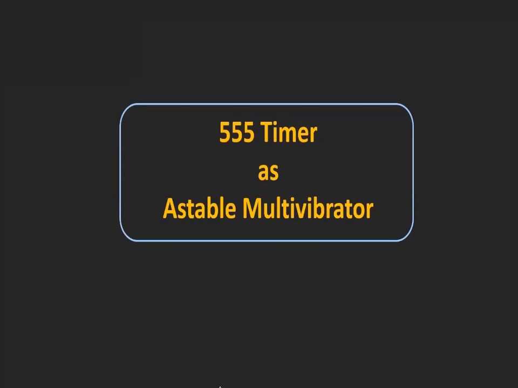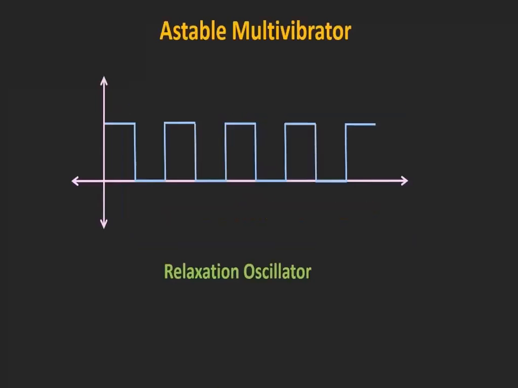In such a way, this astable multivibrator is going to produce a square waveform.